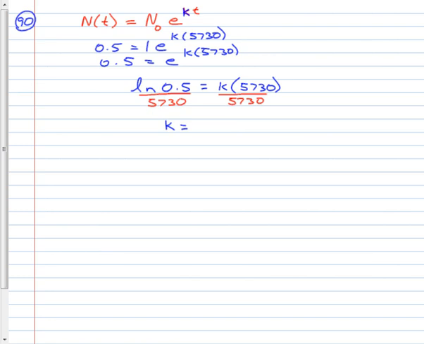Negative 1.20968 times 10 to the negative fourth. So if I wrote it not in scientific notation, I have to move that decimal 4 places.